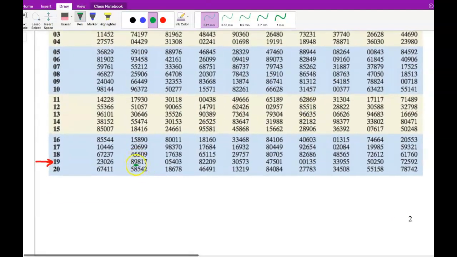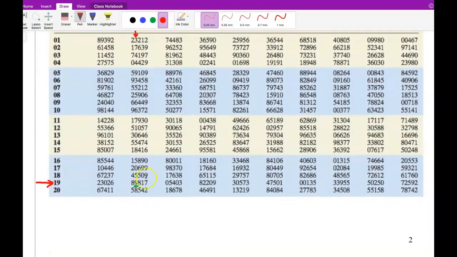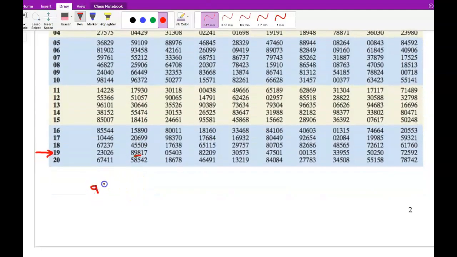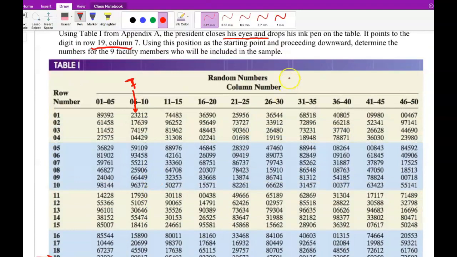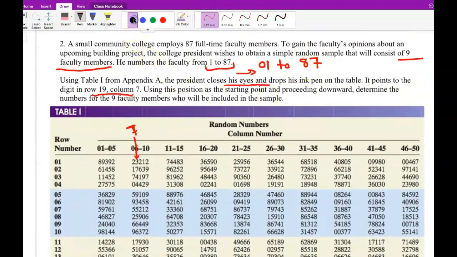Starting here, the first digit is 9. As I said, I should choose 2-digit numbers, so this is actually 98. The first one we have is 98, and that is greater than 87, so I'm not able to accept that one.